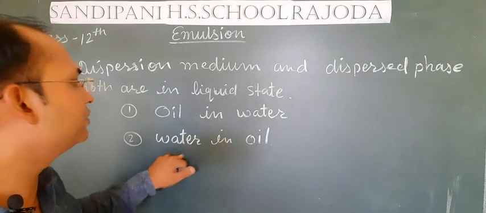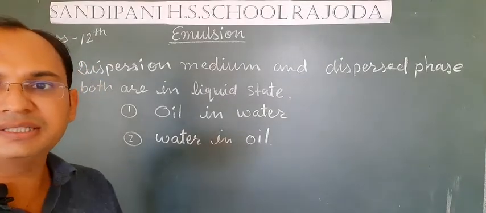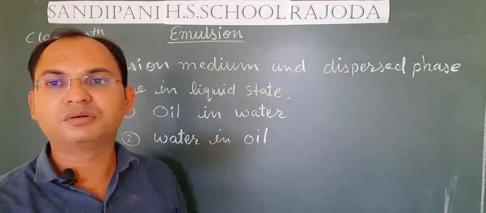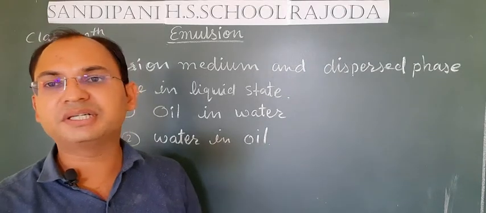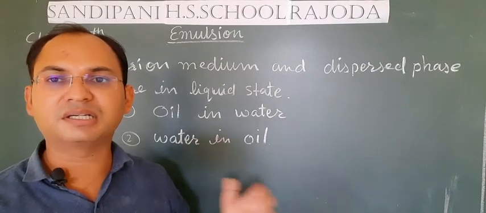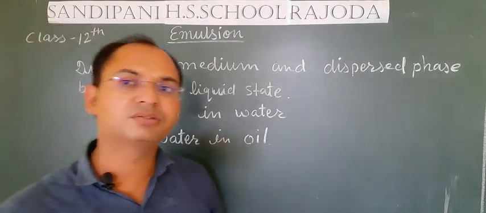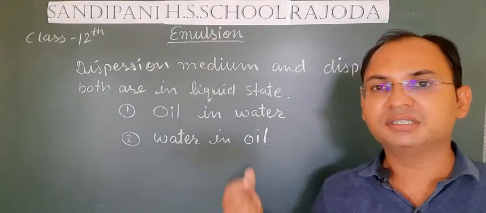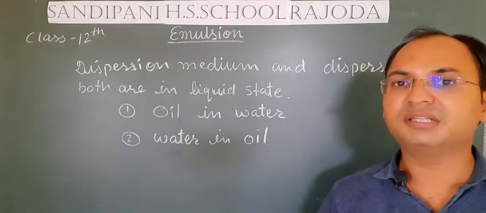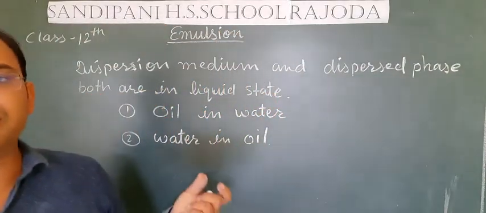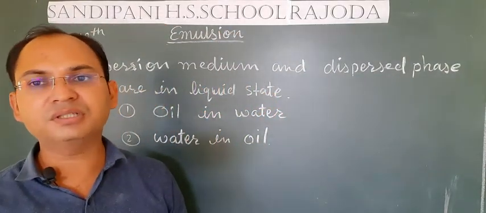So water is dissolved in oil. Let's see an example. The cream of milk or the cold cream that we use in our day-to-day life are the best example of the second type of emulsion, that is water in oil. Because in cream students, oil is present in large quantity and water is present in very less quantity, which is scattered in between the fat molecules or in between the molecules of the oil.